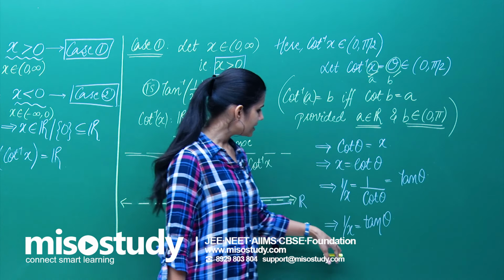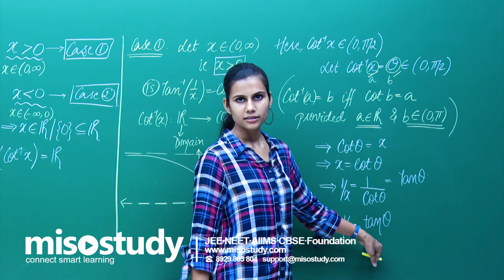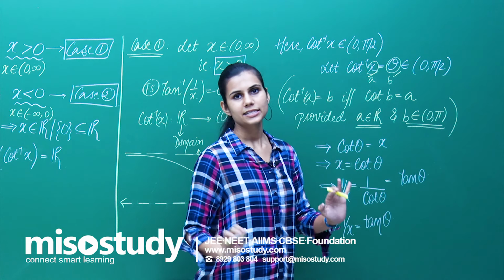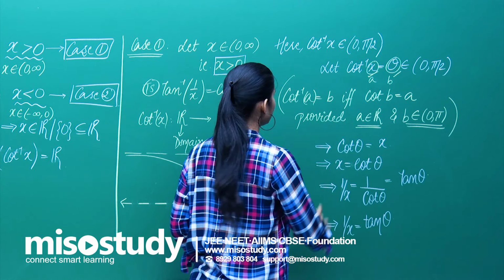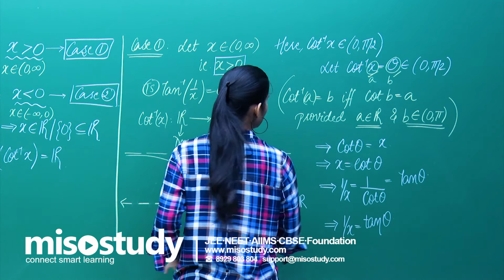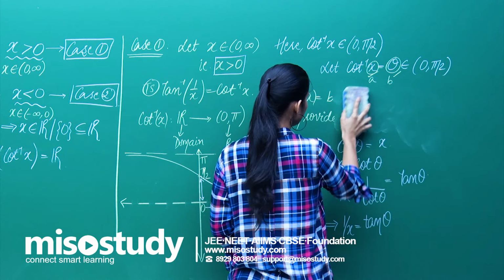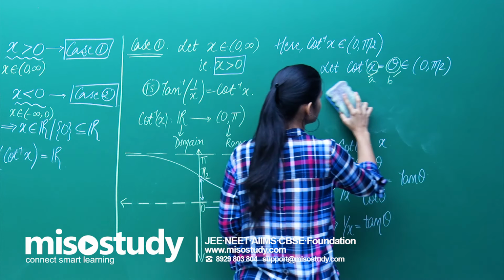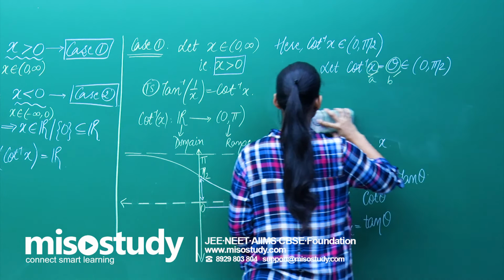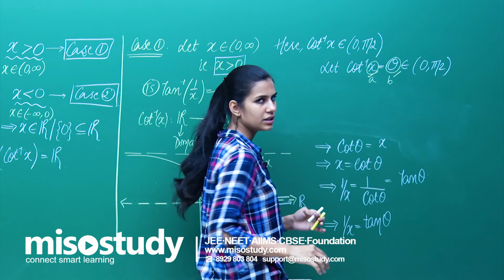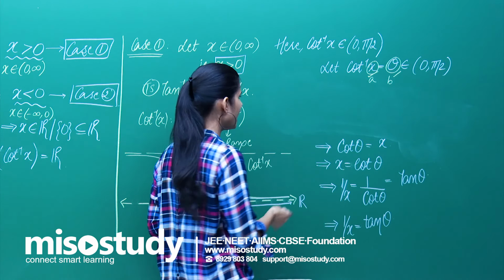If 1 by x is equal to tan theta, what is my next argument now? Exactly the same thing, but with a certain manipulation. This we don't require; we've used this. The result that I want to use is a copy of this, but with tan in place of cot.